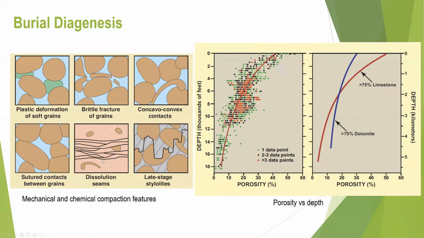The next stage is dissolution seams. Because of compaction, we can see this type of feature in carbonate rocks, or a stylolite.